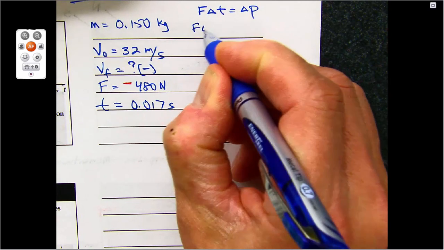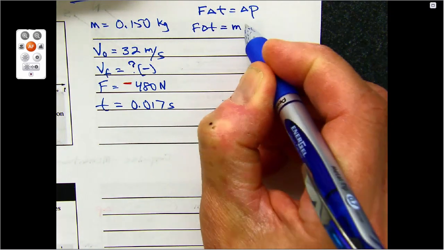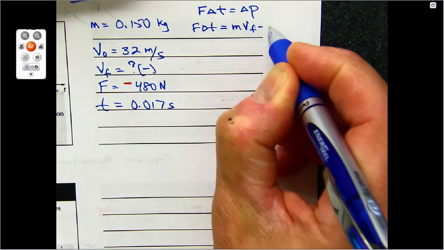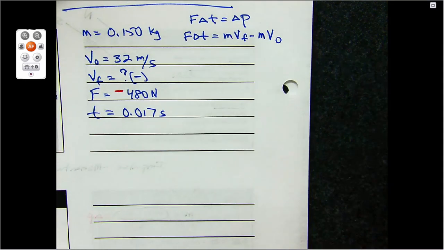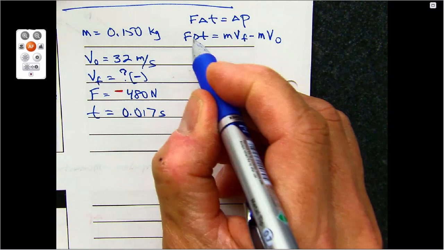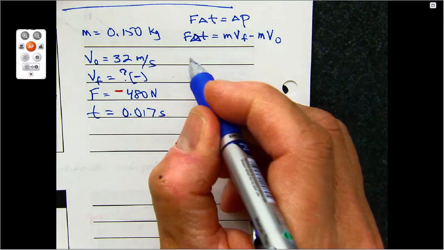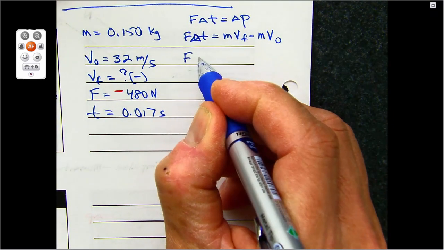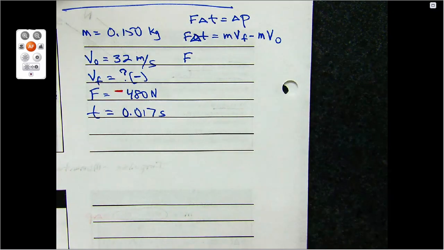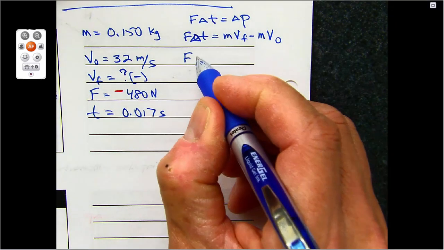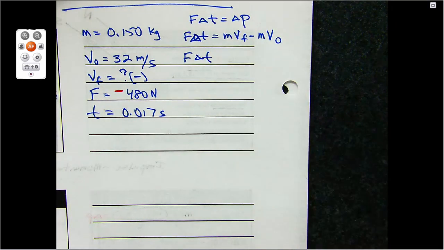So force times change in time is equal to mass times V final minus mass times V initial. This is my change in momentum. I'm looking for V final and V initial. We've got that, so let's solve this for V final.